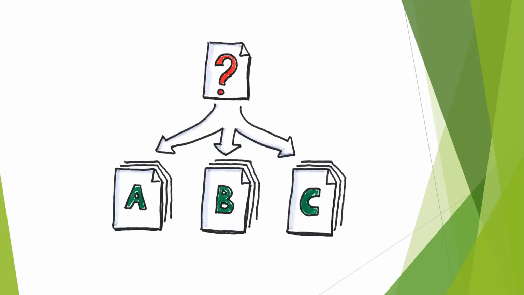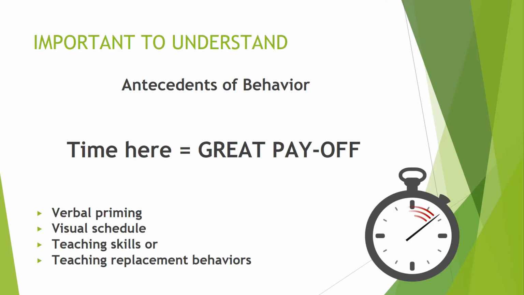So when we refer to ABC data, we refer to those three contingencies, and it's a very common way that we collect data to analyze the function of behavior. That will be in another module, the function of the behavior being, what exactly is the child doing in order to get something, and what does that something look like. There are lots of other published tools and assessments that are used to identify the function of the behavior, but the ABC is very common and very easy for anyone to collect.